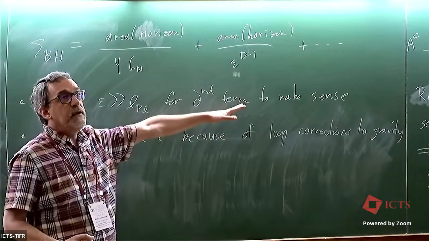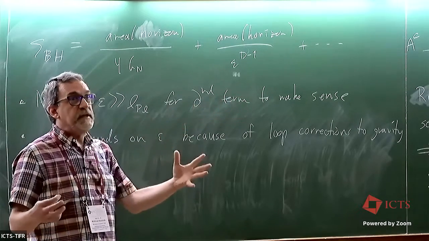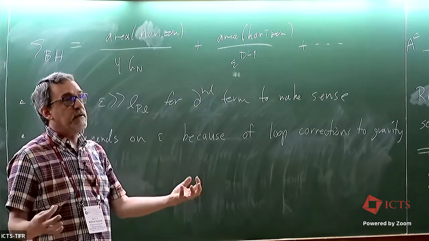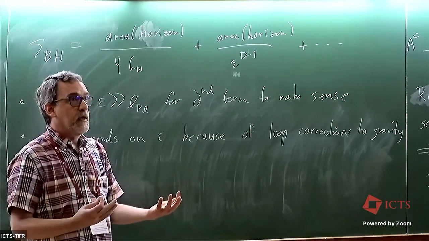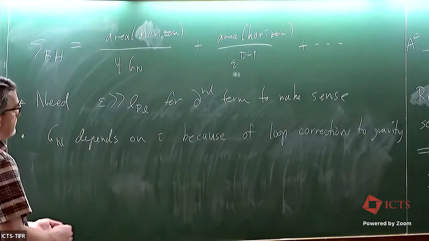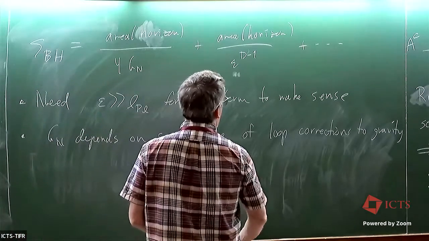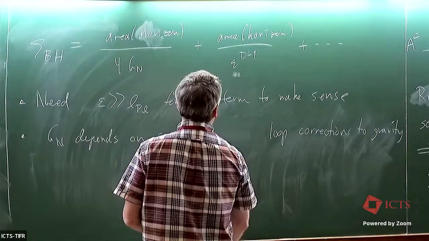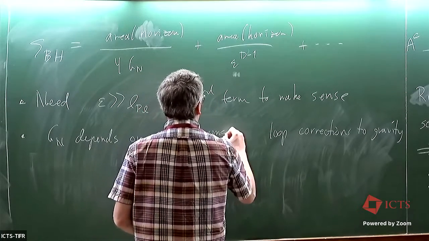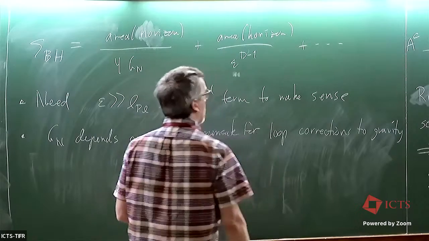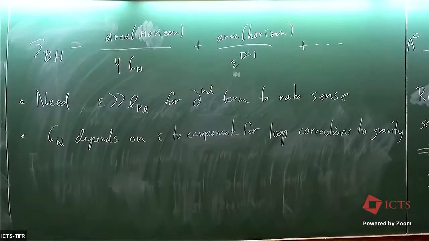Because what I need is for the total gravitational effect to be independent of epsilon. Okay, because epsilon is just a parameter I put in by hand. So maybe I can be a little bit more precise here to compensate.